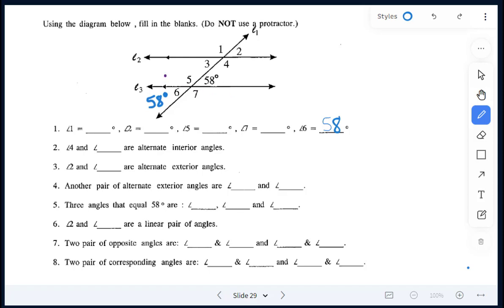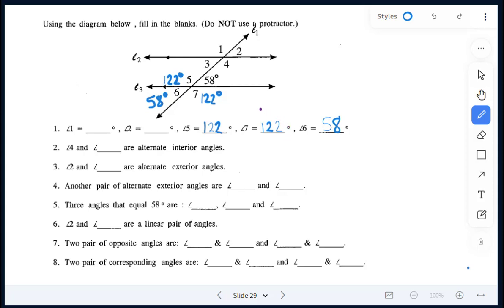So angle 5 is 122 degrees. All right, and because opposite to angle 5 is angle 7, that will also be 122 degrees. So angle 5 was 122, angle 7 is 122.